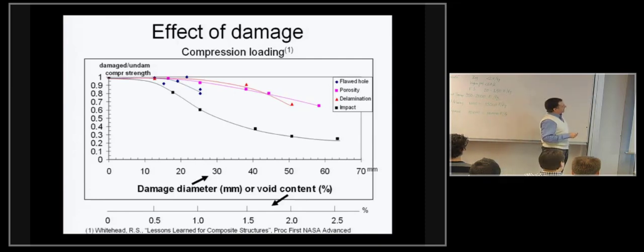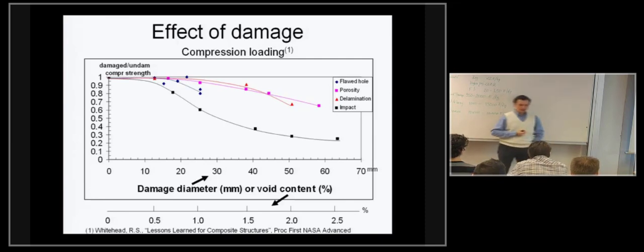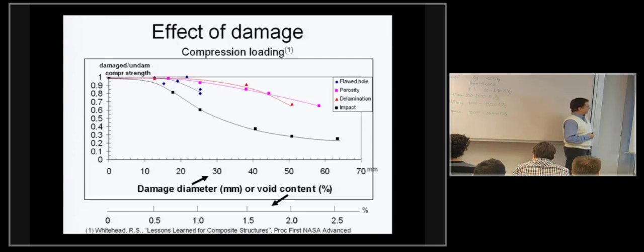But besides that, you have porosity, basically tiny voids distributed through the structure. You have delaminations, which are bigger voids, separations between the layers. And of course, impact. And shown here, the most critical one, this is first generation thermoset composite materials, where the reduction, as you can see, can be down to 60% or more. Newer materials are significantly above this curve, but as a rule, the impact damage tends to be one of the most critical types of damage.